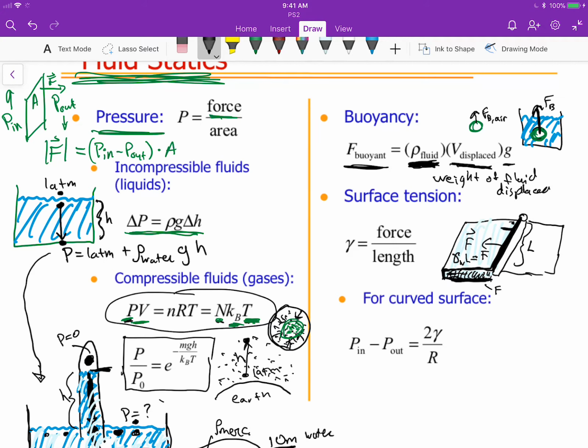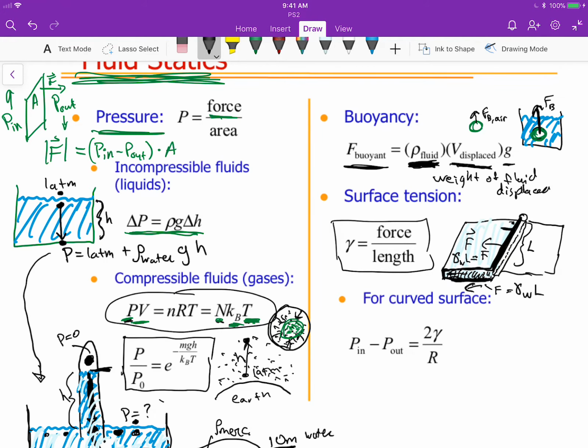I'm going to draw it as a dotted line because it's on the bottom surface of the bar. And that's also going to be pulling this way. And that F is also equal to the same gamma water L. And so we add those up, so we have 2 gamma water L that is pulling it. So that's basically what's going on here.